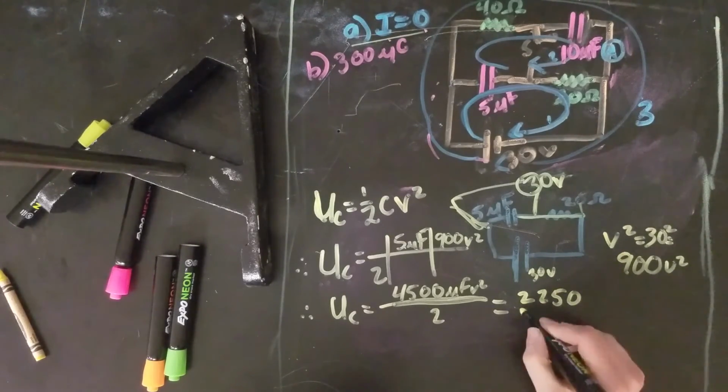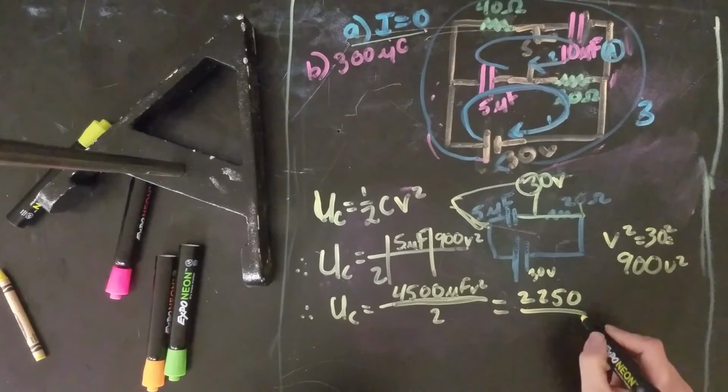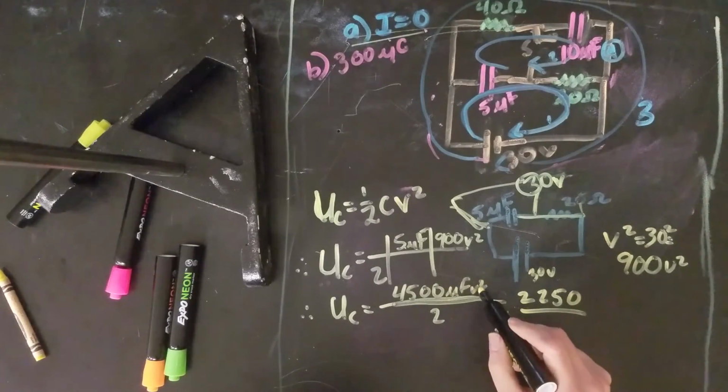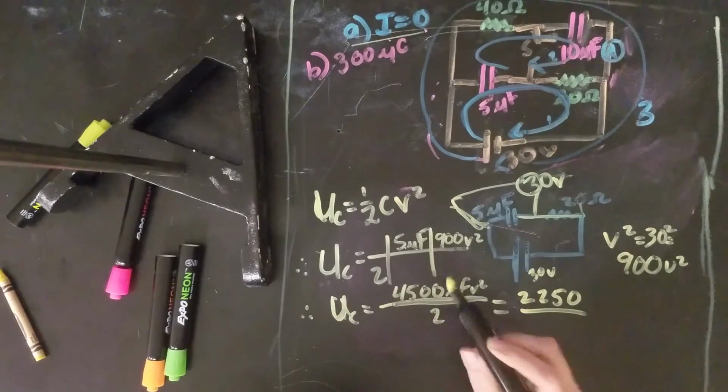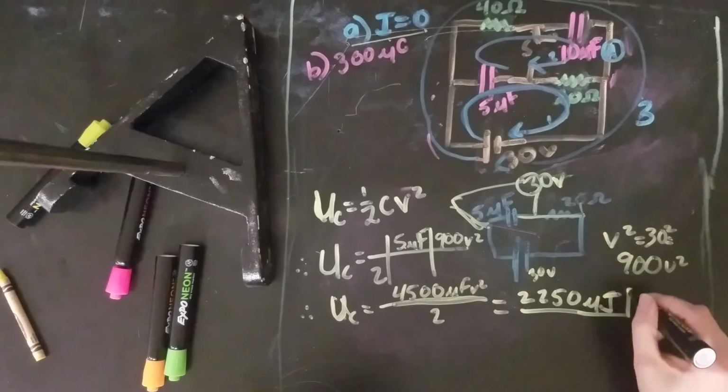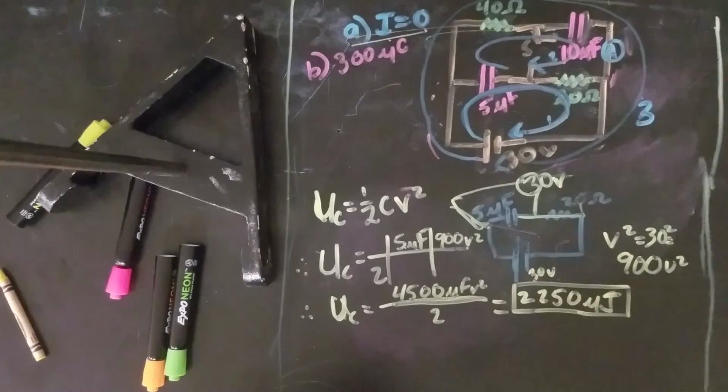So we'll get this. No, it's not over anything. And by the way, microfarads times volts squared, what are your units for energy? Should be microjoules. Remember, mu is just 10 to the negative 6. So that would be how you'd find your energy.